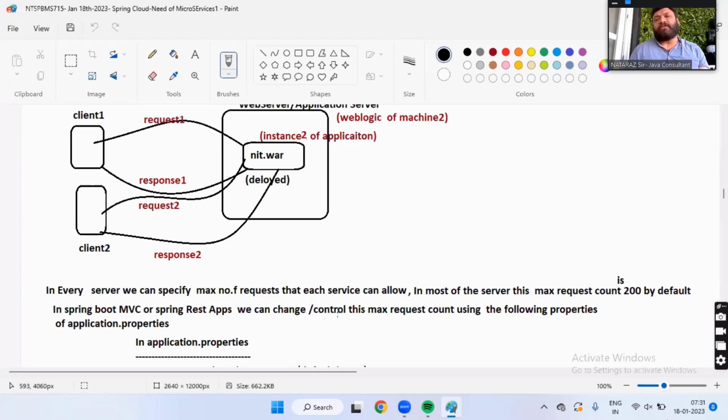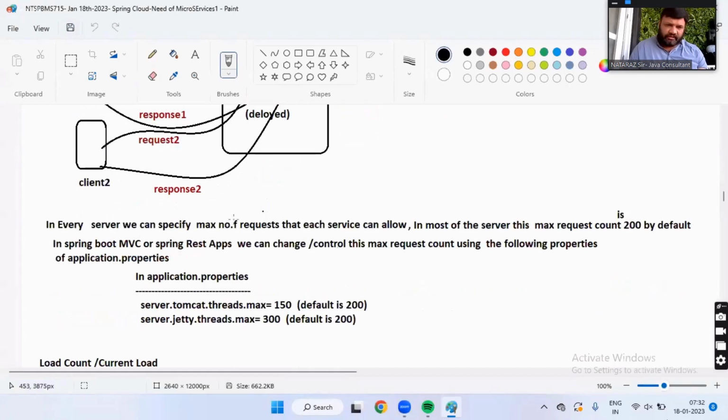And transparent failover: if something happens to one instance, without disturbing the client, without disturbing end user activities, without giving any information to the end user, the request will be redirected to the other instance.